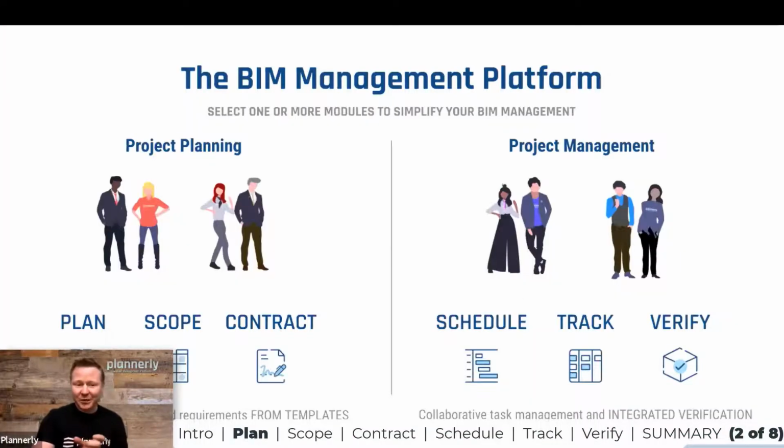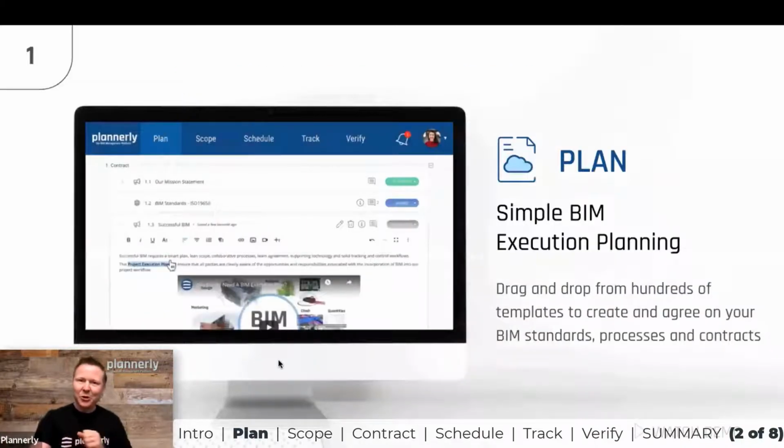The first module in the series is the plan module. The plan module allows you to, from your templates or from the industry standard templates, drag and drop or click on those tiles to create your starting point for either an EIR or a BIM execution plan or a bunch of the other really important documents that we highlighted from the ISO standards.